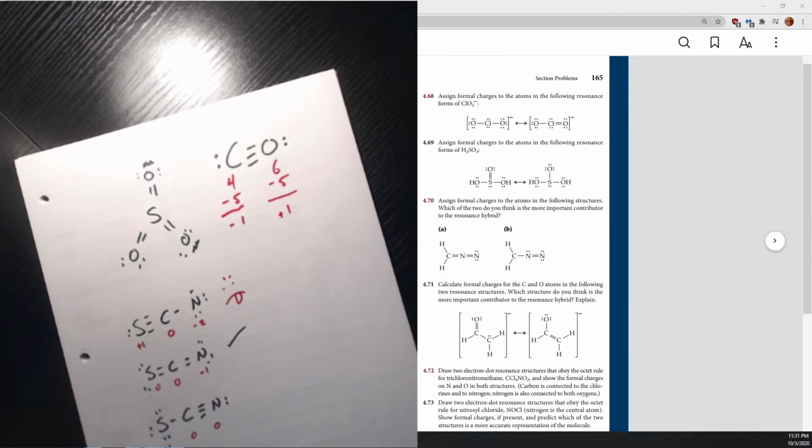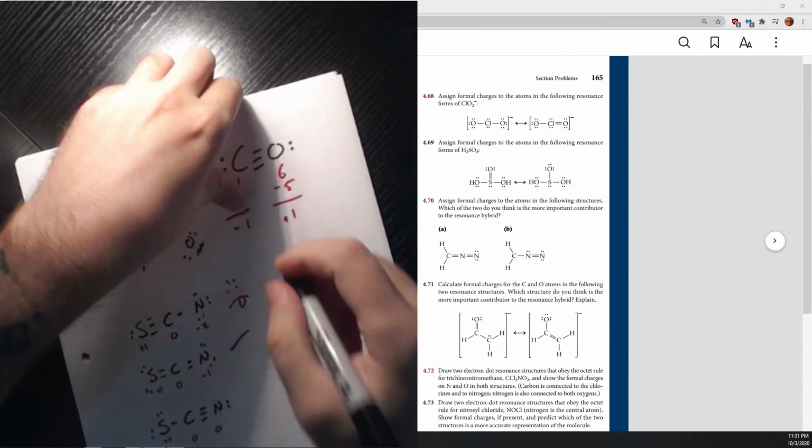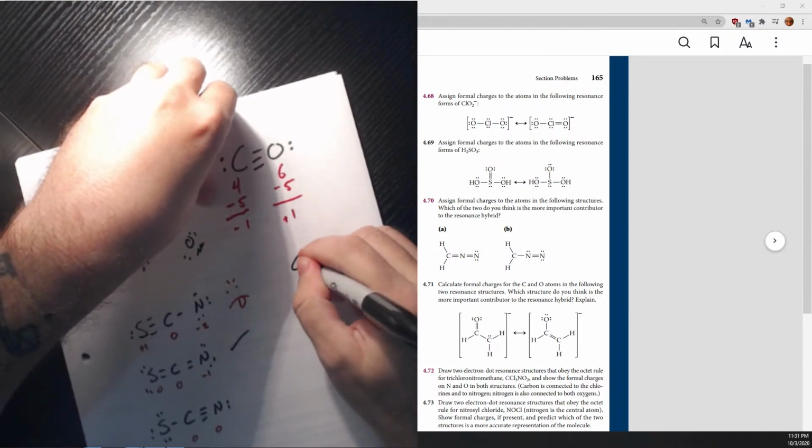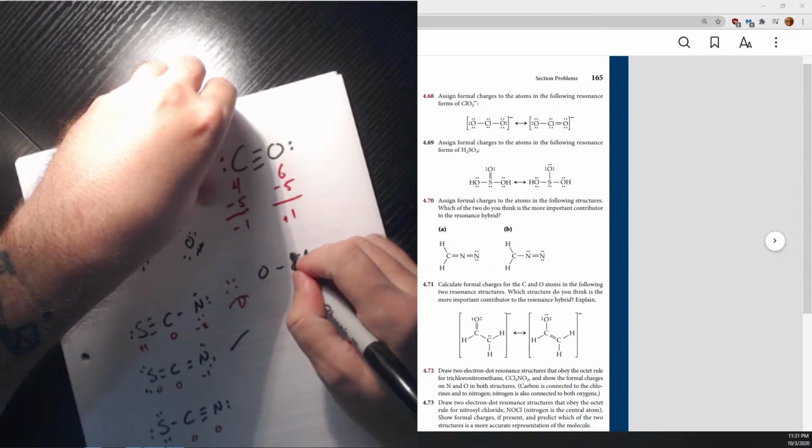All right. That was 66. 68. Assign formal charges to the atoms in the following resonance structures of hypochlorite. No, that's just, yeah, that's chlorite. All right, so ClO2 minus. So we have chlorine bound to 2 oxygens with 2 lone pairs.